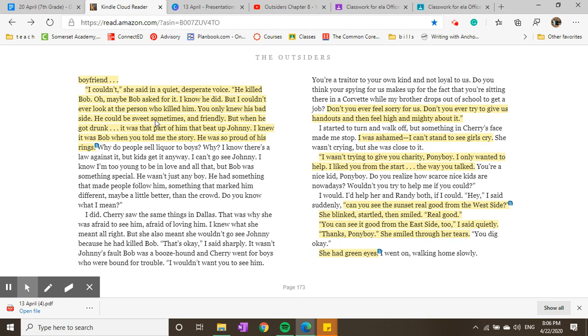But now you're seeing that she's deeply upset by his death. Several people are deeply upset. Randy's talked about how Bob was important to him, and Cherry's now talking about how Bob was important to her. And so it's almost this moment of people are complex. You can't just write somebody off as bad and then not care.